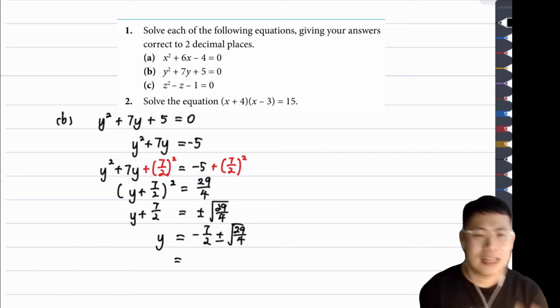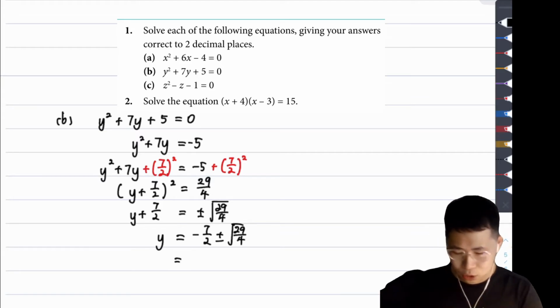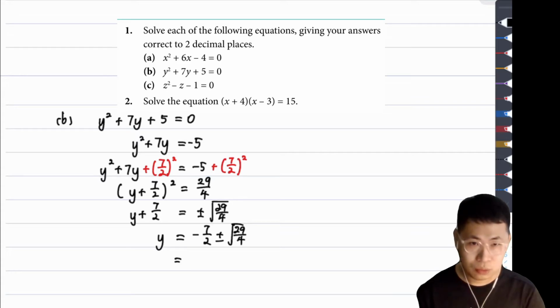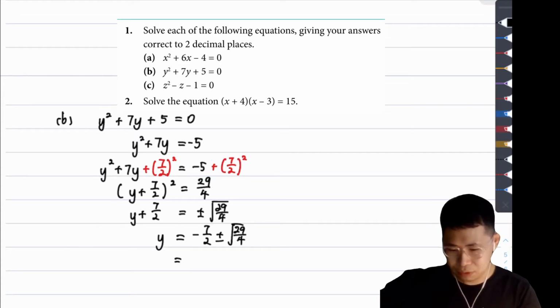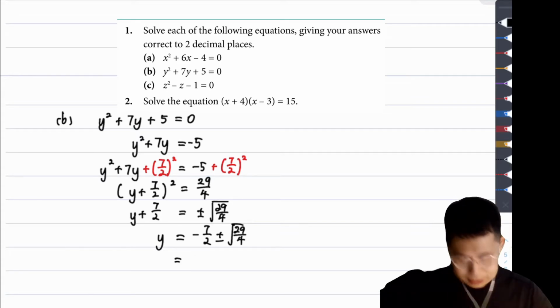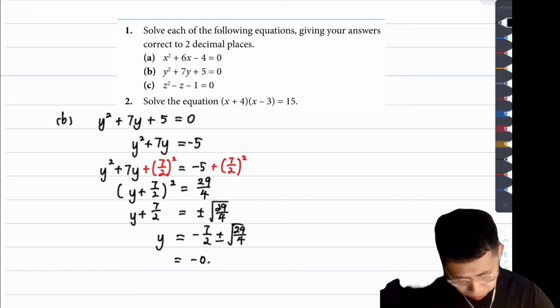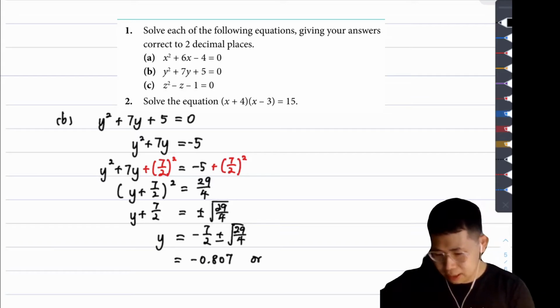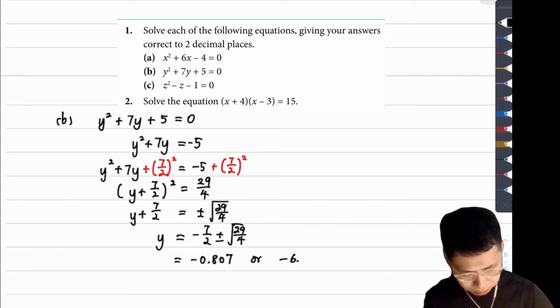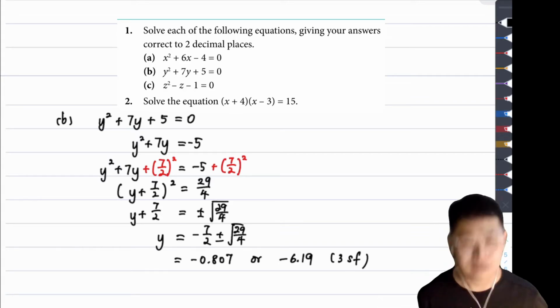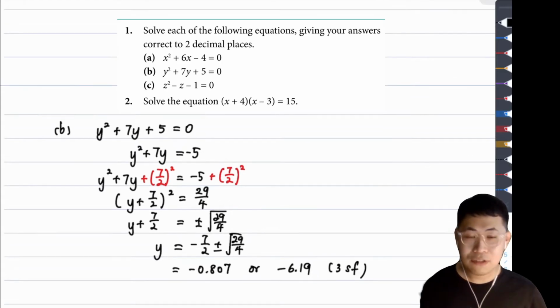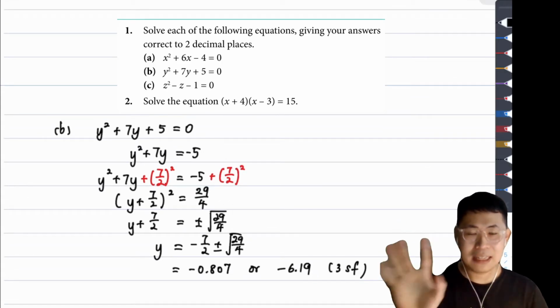Make it a habit first, then we use the calculator. So negative 7 over 2 plus root 29 over 4 gives negative 0.807. The second answer is the one with the minus, so I will have negative 6.19, in 3SF.